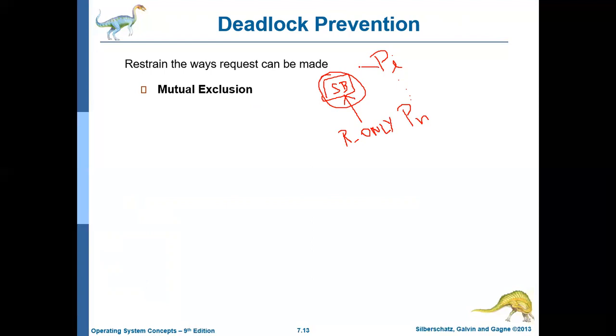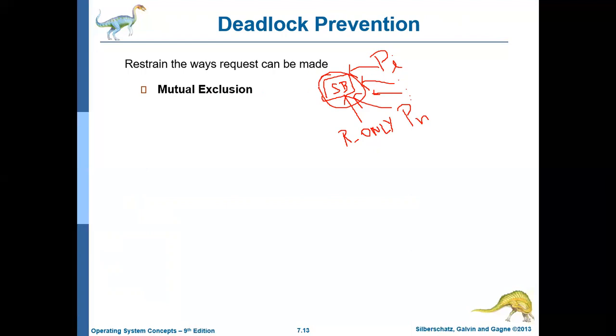You can allow all the processes to access the shared resource simultaneously, because nobody is going to tamper with the resource. There is no possibility of tampering. So this is one of the ways mutual exclusion can be avoided. And if mutual exclusion is avoided, then there is no deadlock.